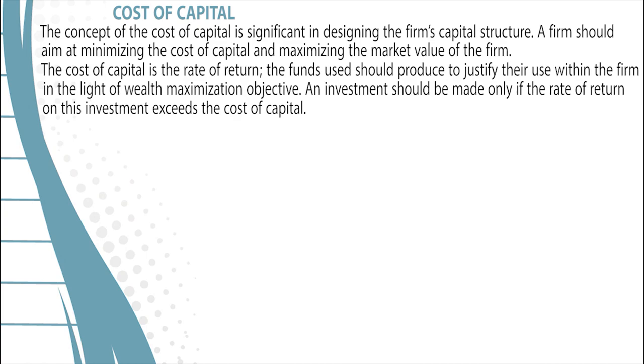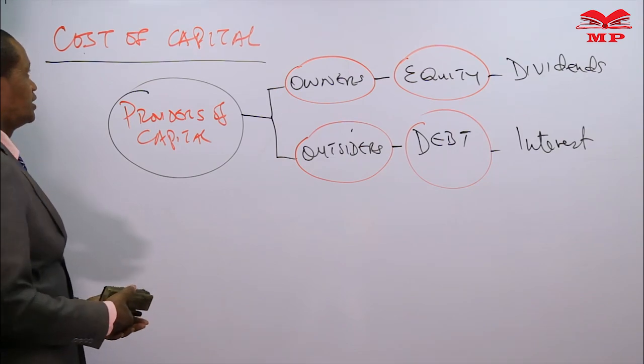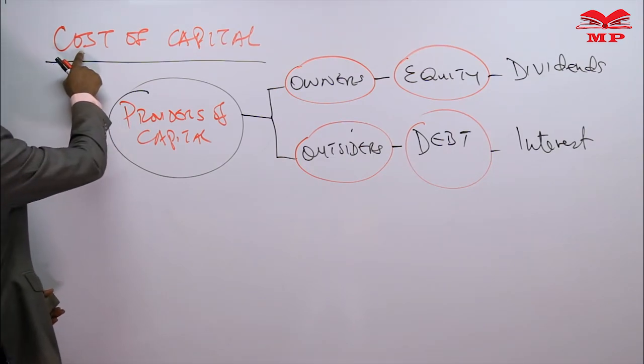That means that the funds used must produce a return to justify their use within the firm in the light of wealth maximization objective. So an investment should be made only if the rate of return on this investment exceeds the cost of capital. So that is what we mean by cost of capital.